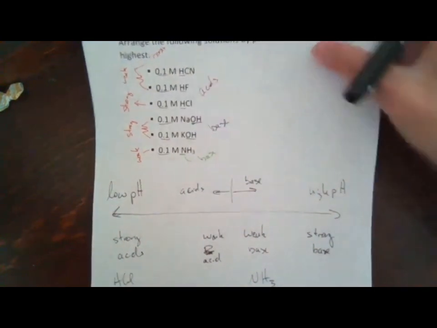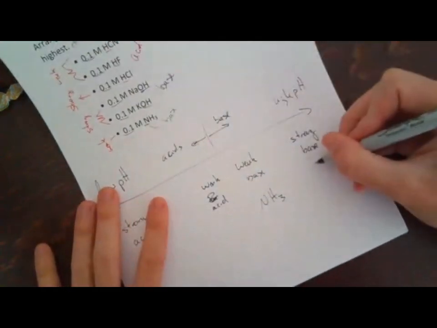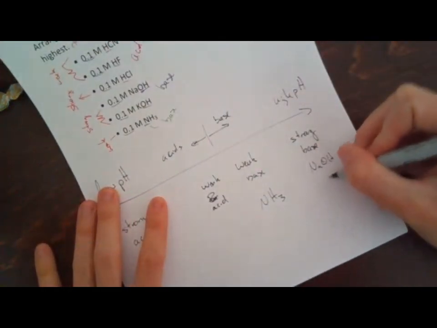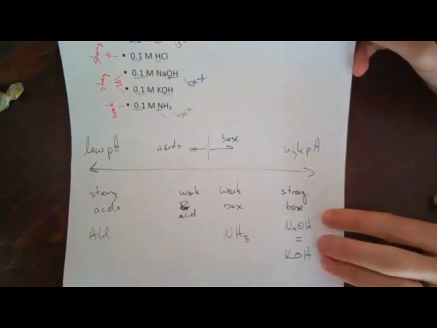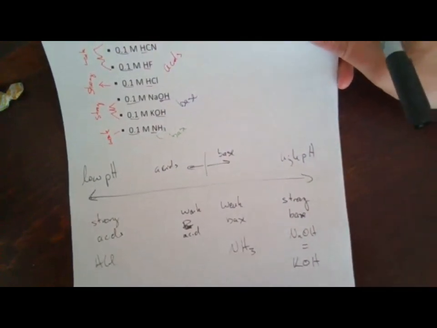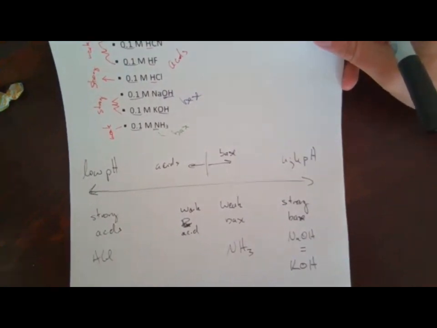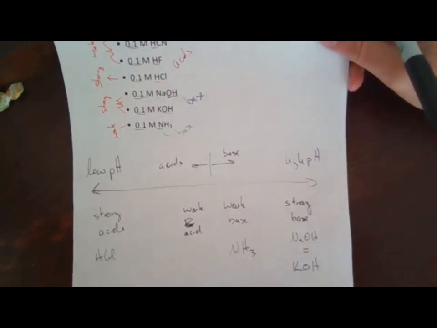So one of the reasons why we can use strong base is that they are identical. So the NaOH will be equal to the KOH. If you have the same concentration of strong base, you would have the exact same pH. The same thing would apply for strong acids. 2 different strong acid solutions with the same concentration.